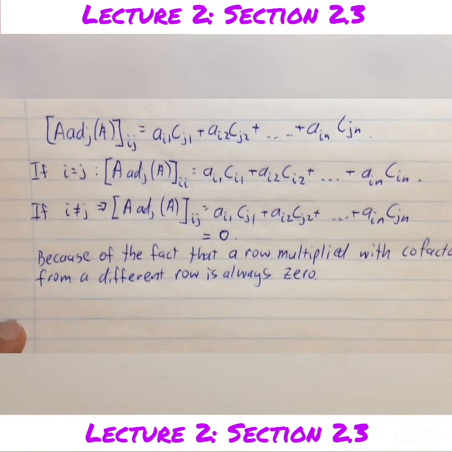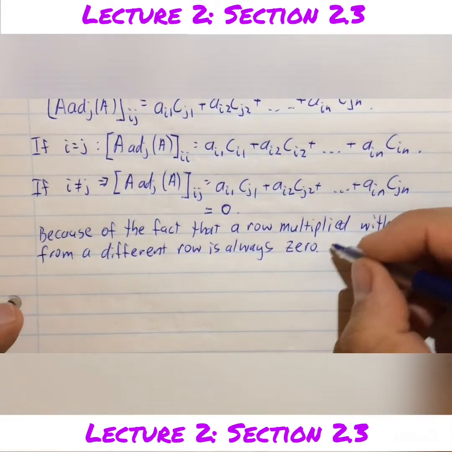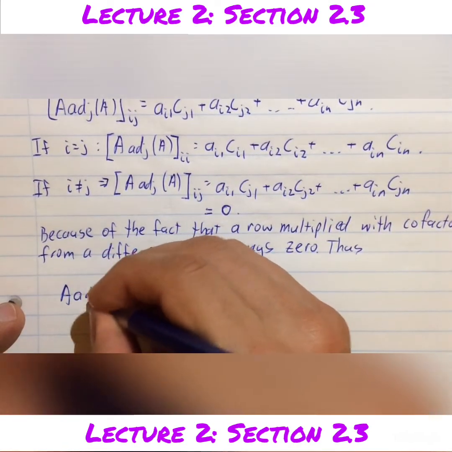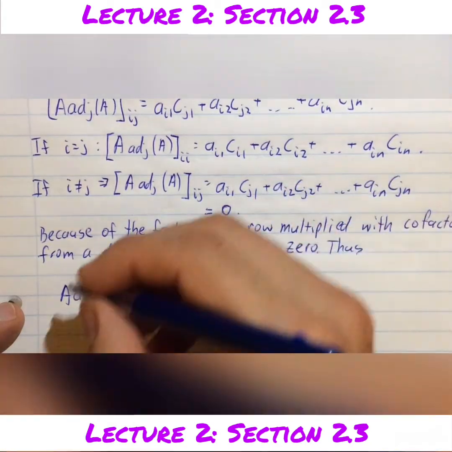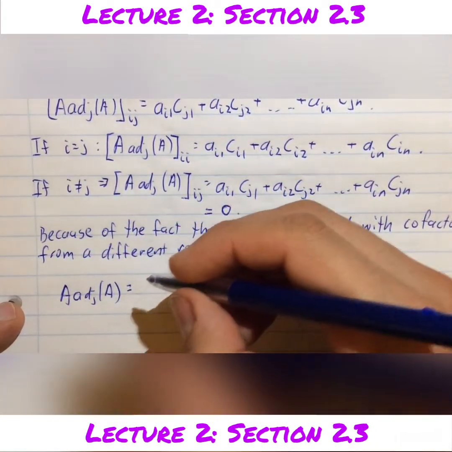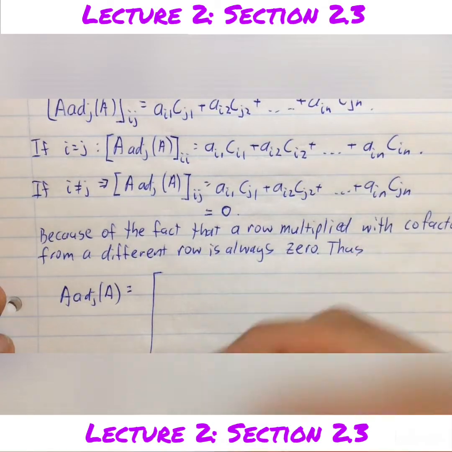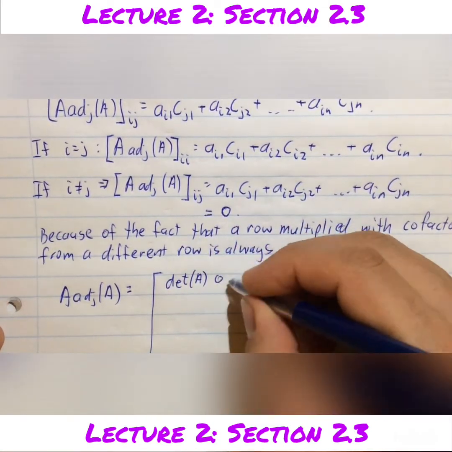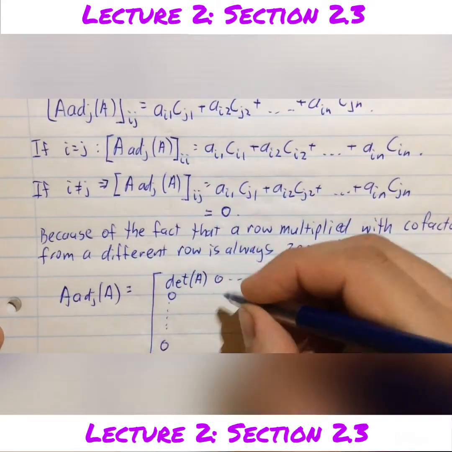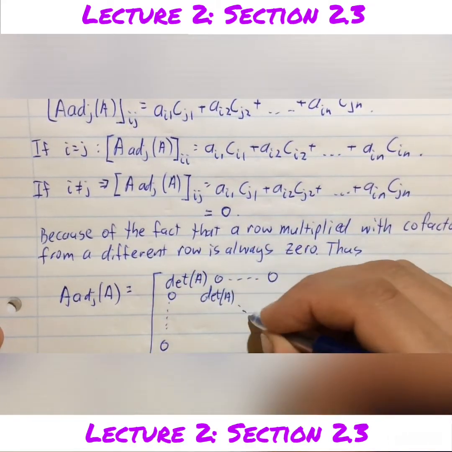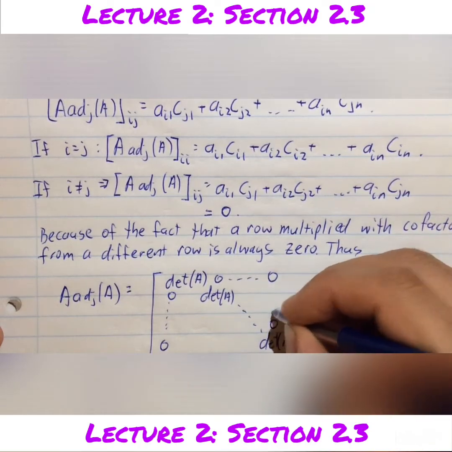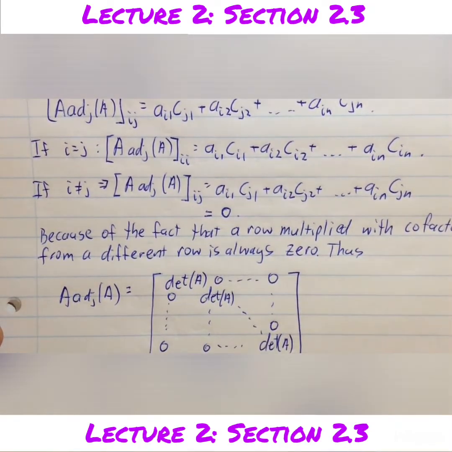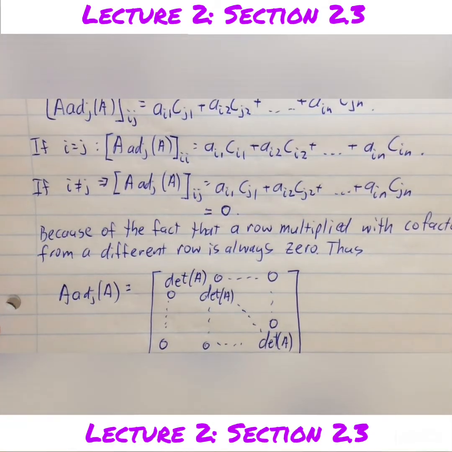Okay, so therefore, why does this matrix become this matrix here?